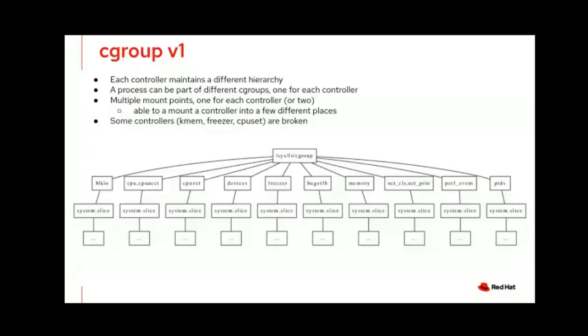It allows you to account for and limit the kernel memory used on behalf of the user space processes. There are two problems with this. First of all, users don't really understand what the kernel memory is, because user space memory is a pretty simple and straightforward concept.